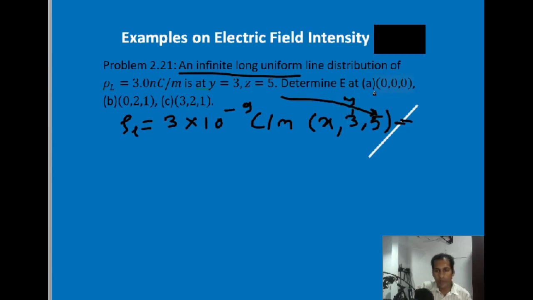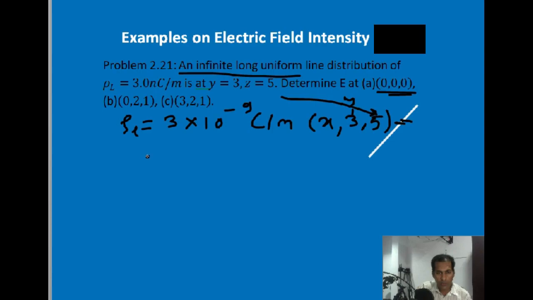We have to find out electric field intensity first at origin, then some point where y and z is given, and then third point where some other points are given, x, y, z, all three components are present. So first let us consider some general point, say x, y and z, and then the radial vector from the location of rho L, that is say x, 3, 5 to x, y, z.